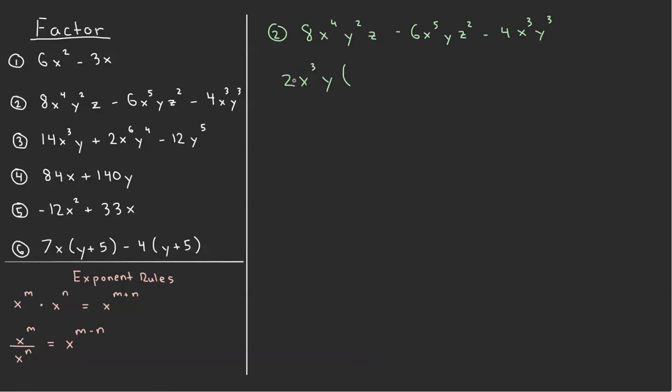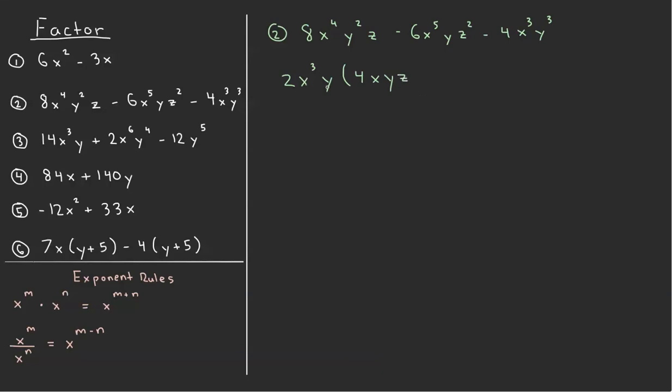So let's begin here. 2 times what will give me 8? Well, a 4. X cubed times what will give me x to the 4th? Well, an x. And this is where we need to keep this exponent rule in mind as well. Y times what will give me y squared? Y to the first. And then we have a z here, so we're going to need a z right here.